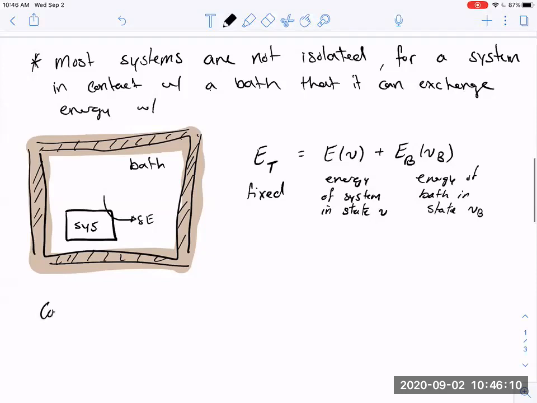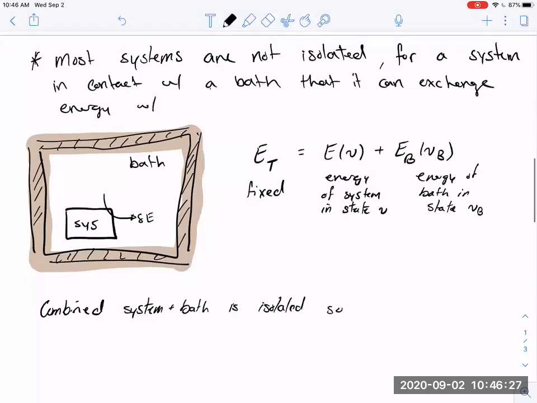So the combined system plus bath is isolated. So we know that the probability of observing a microstate, which we need to specify both in the system and in the bath, is just a constant, which depends on the total energy that I've constrained.